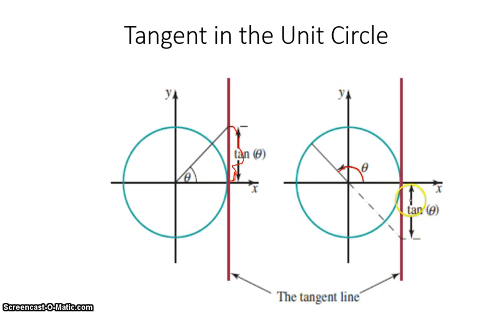So tan of this angle will be equal to this distance here along the tangent formed by the angle at the centre of the circle. So tan of the angle is found by looking at the distance along the tangent to the circle that the angle covers when it's at the centre of the circle.